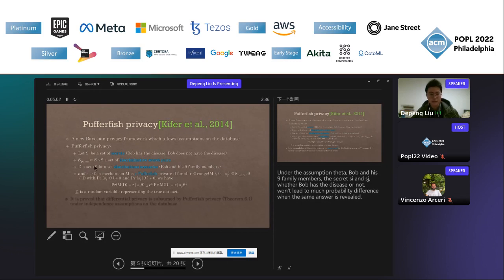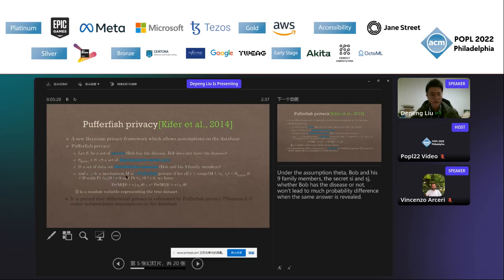And D is a set of dataset distributions, or scenarios. A possible scenario here is Bob and his 9 family members, and we have an epsilon, which is also a non-negative number.